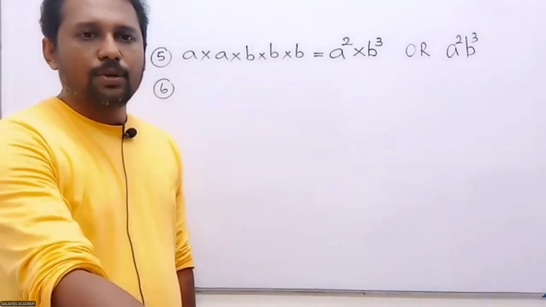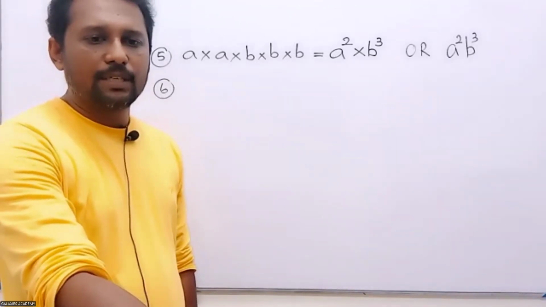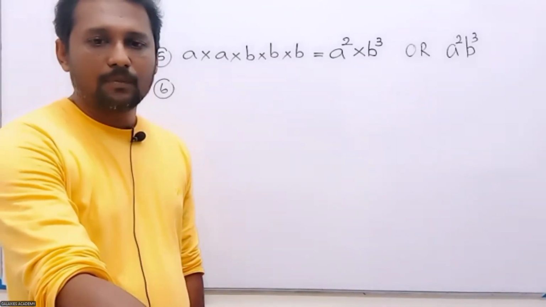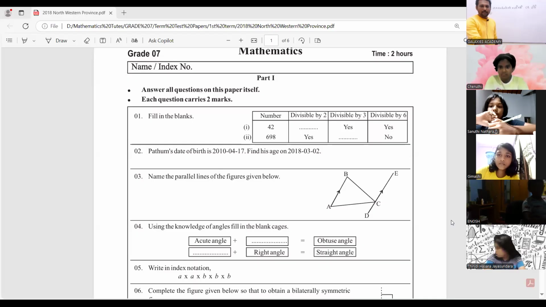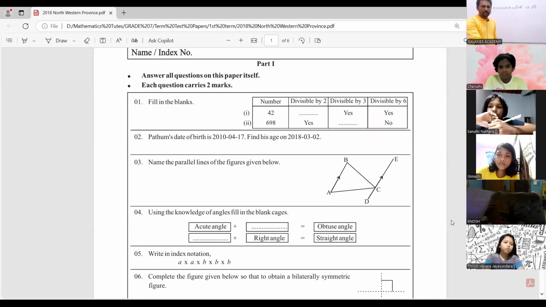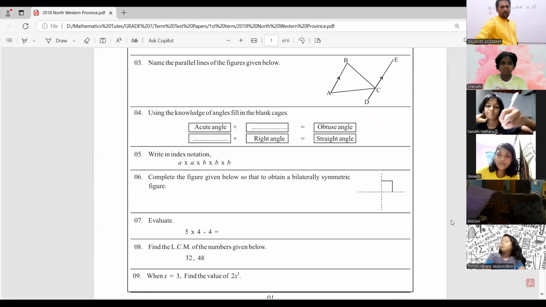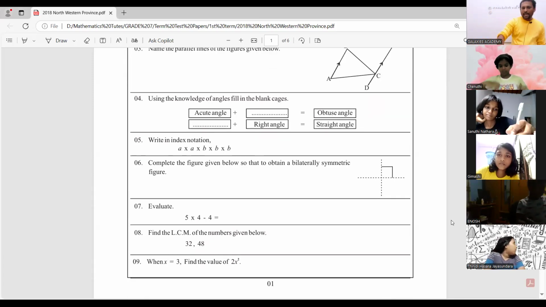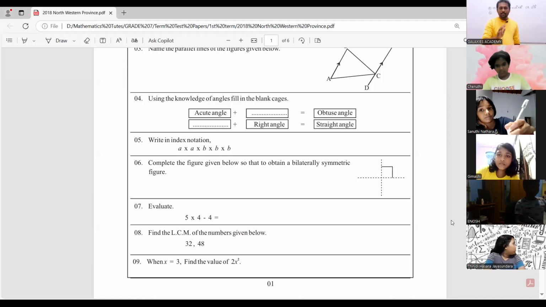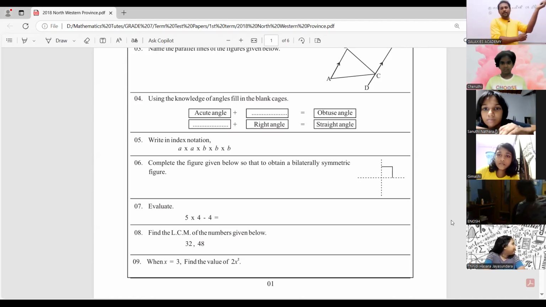Right. Now let's go to our next question of this paper. The next one is number 6. Complete the figure given below so as to obtain a bilaterally symmetric figure. You know the bilaterally symmetric figure, no? There are two dotted lines given.